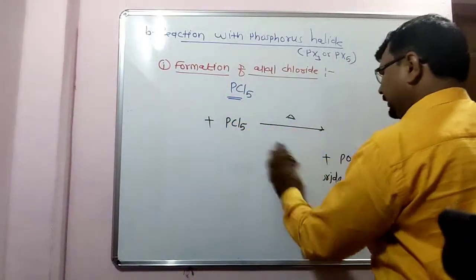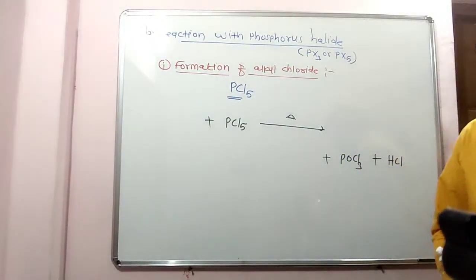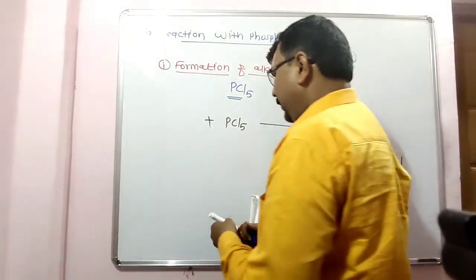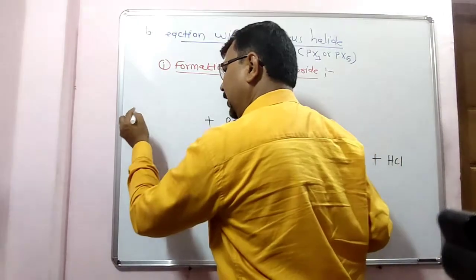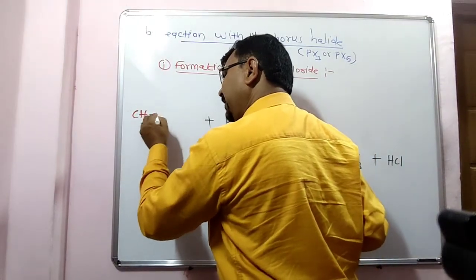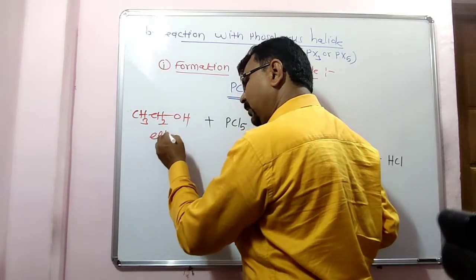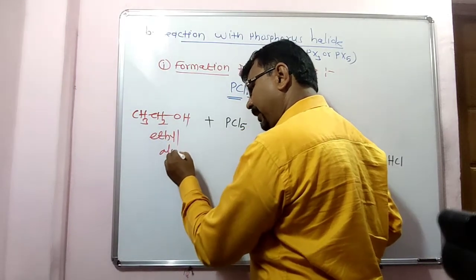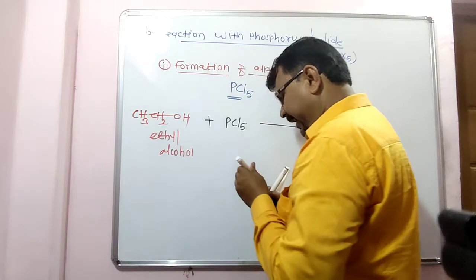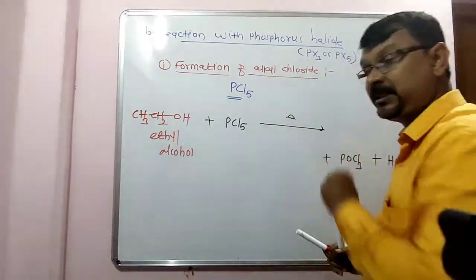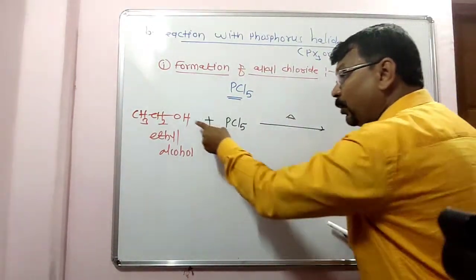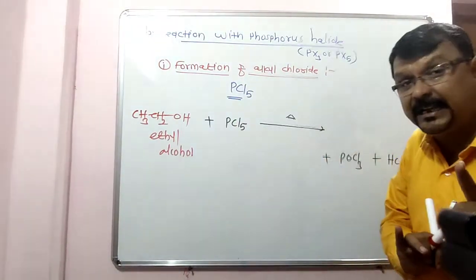Look here, example. What is the action of PCl5 on ethyl alcohol? CH3CH2OH. Name of the compound: ethyl alcohol. When ethyl alcohol is heated with PCl5, only one OH is replaced by only one Cl.